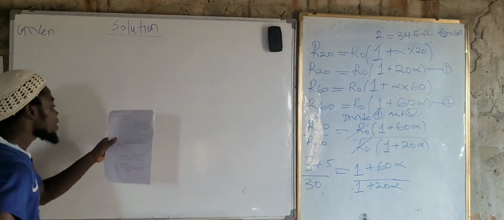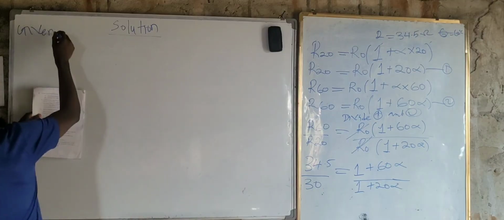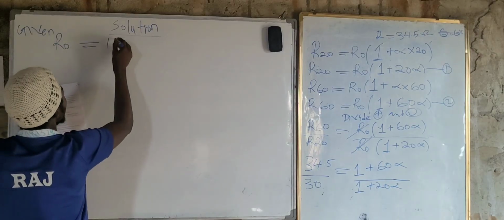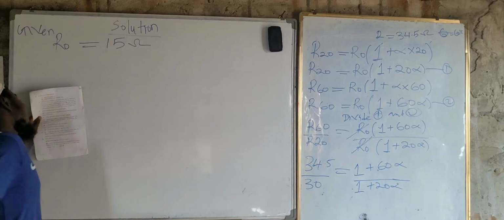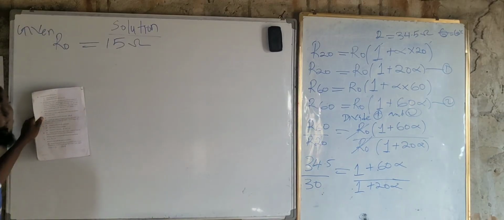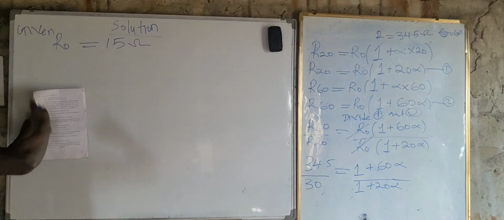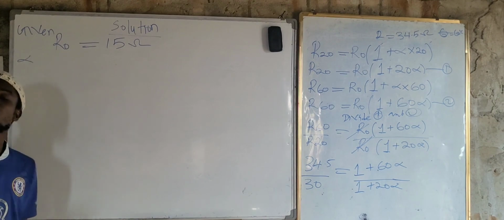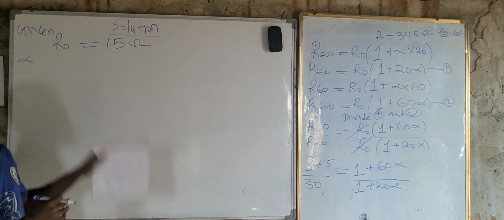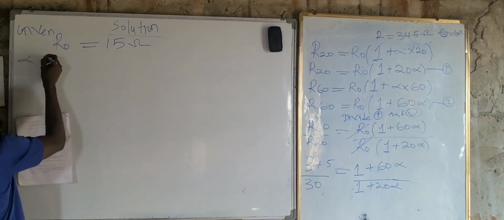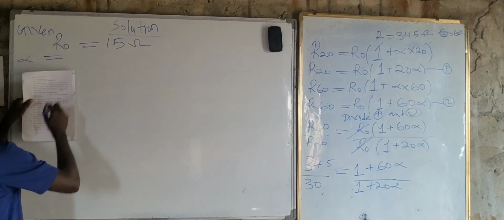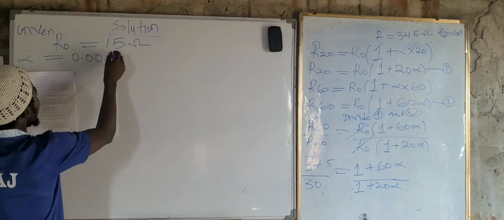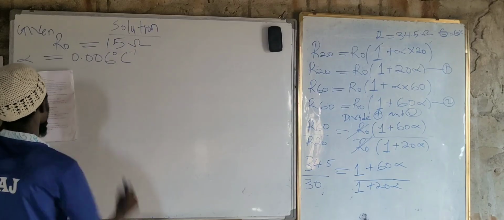Let's go. If you observe here, we have R0 equal to 15 ohms, because from the question we are also given the temperature coefficient, whose symbol is alpha. So the temperature coefficient alpha is 0.006 per degree Celsius.